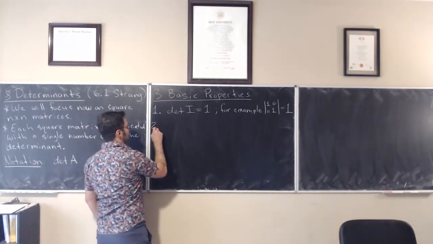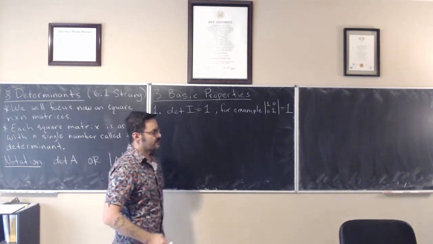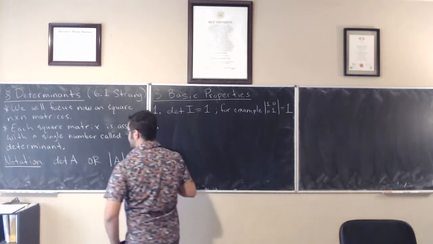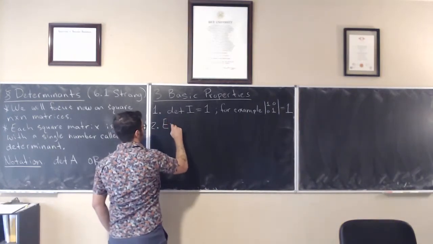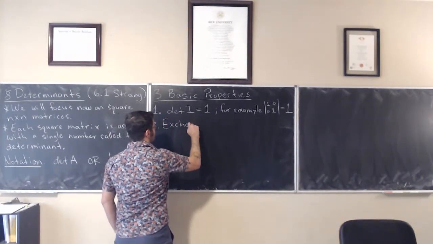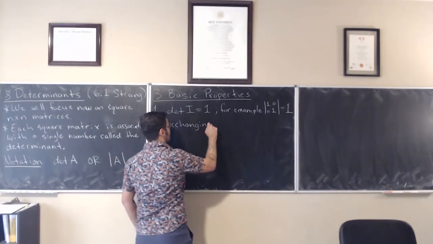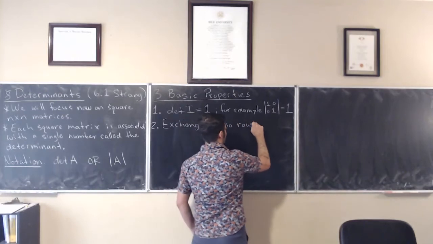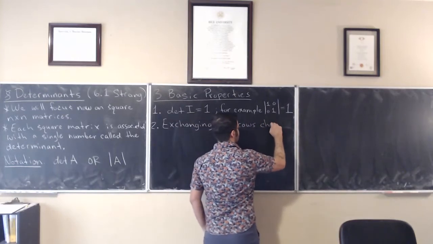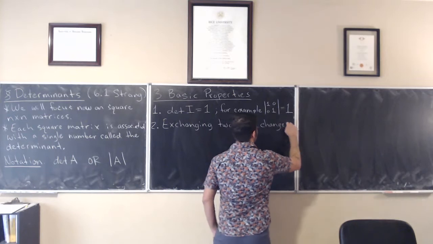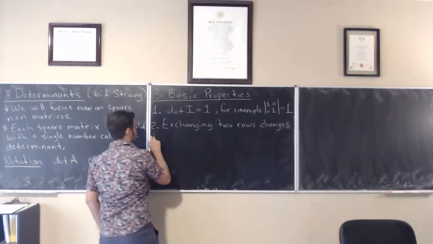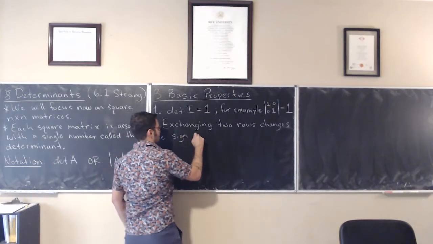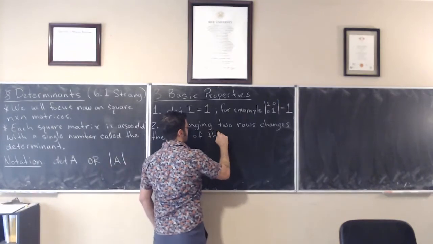Property 2, if you exchange rows, the sign of the determinant changes. So exchanging 2 rows changes the sign of the determinant.